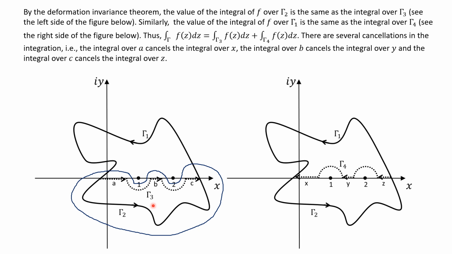And so we can replace gamma sub 2 with gamma sub 3, which is what I've done here.